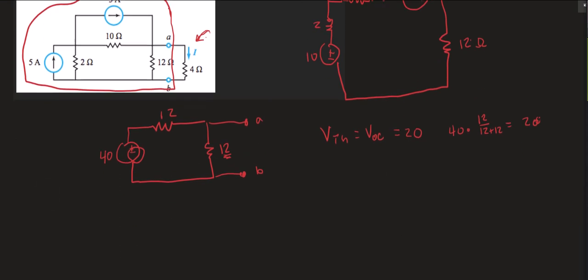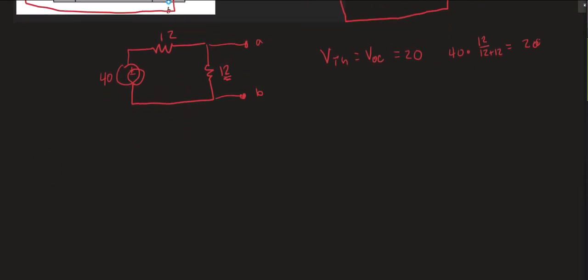Now to get R Thevenin, I short all voltage sources, making all voltage sources short and all current sources open. So I'll short that voltage source.